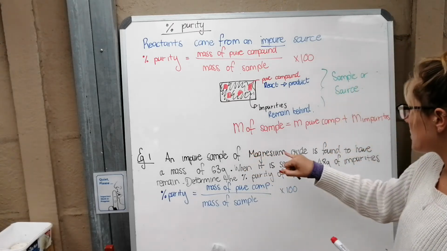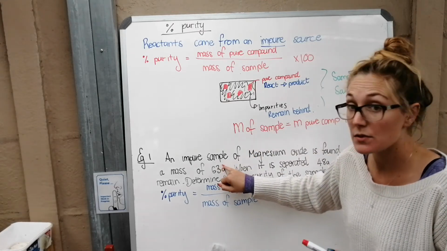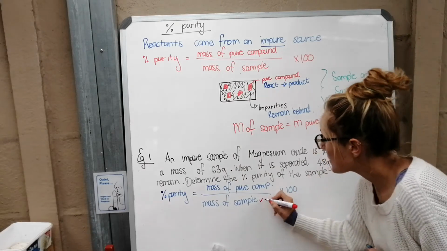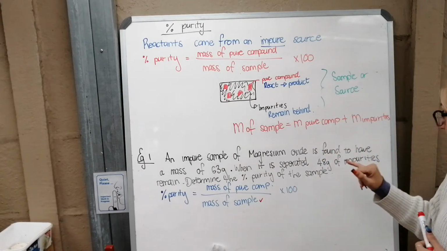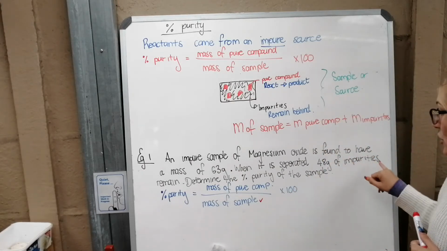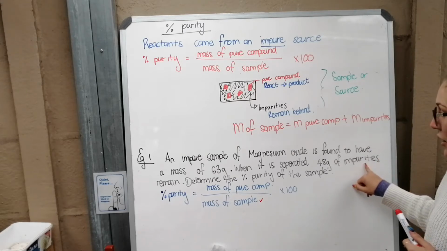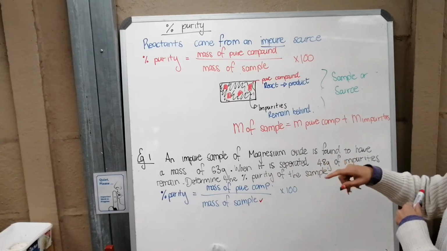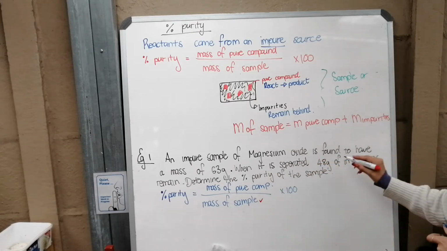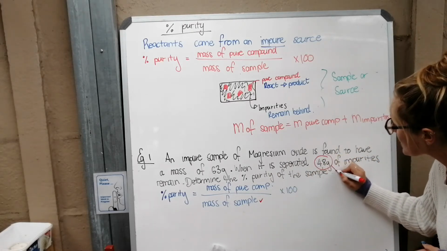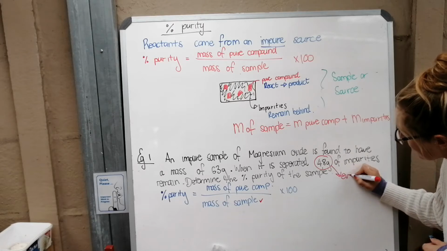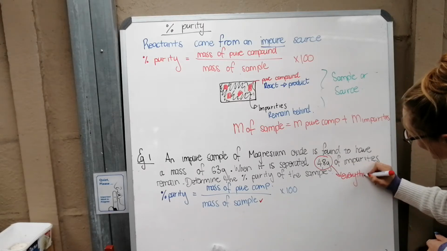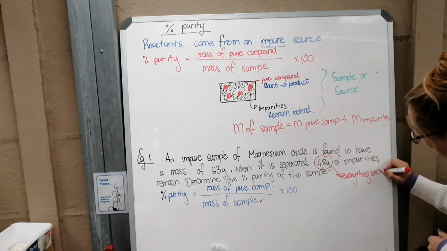We've got an impure sample which has a mass of 63 grams, so we have the mass of the sample. It says when it is separated, 48 grams of impurities remain. So this 48 grams is not the mass of the pure compound, it's the mass of everything else, everything except the MgO.